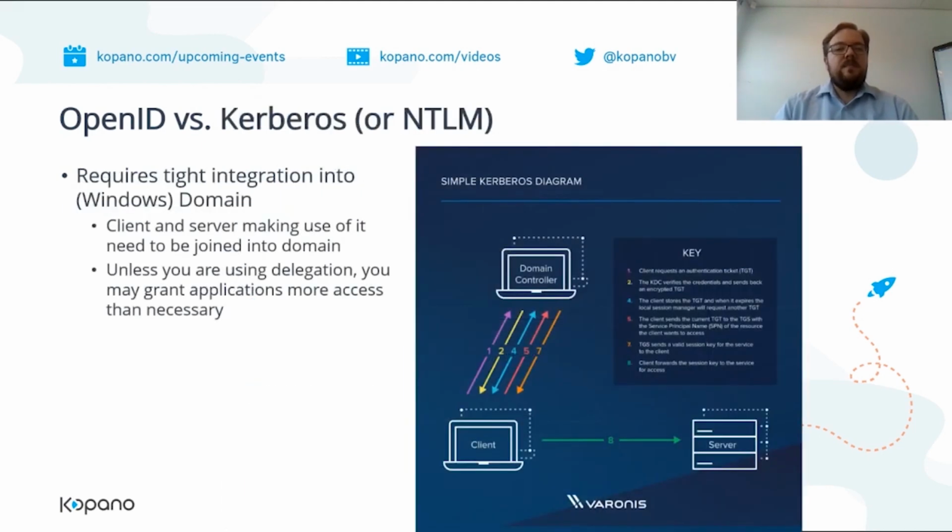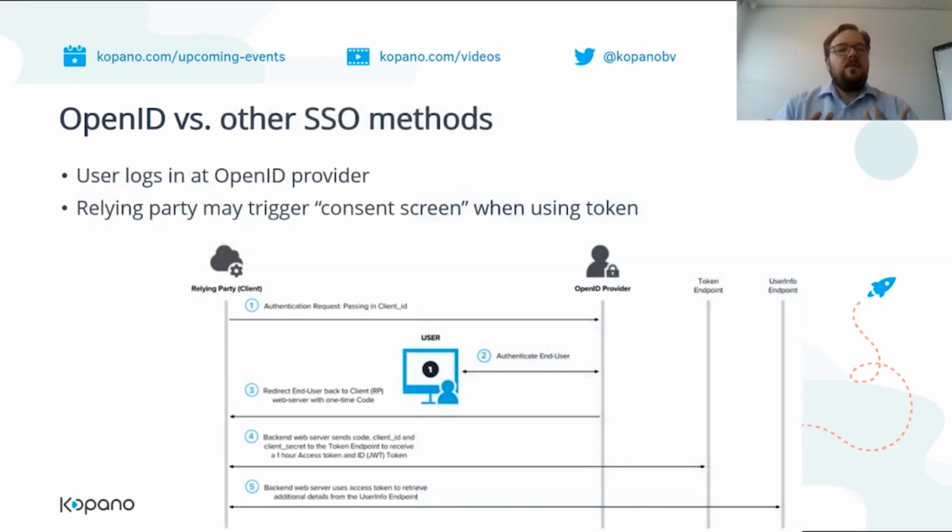And in the case of, for example, OpenID versus Kerberos, the setup is a lot more difficult. While in the world of OpenID Connect, you just have to make sure that the applications can talk to each other, and have SSL certificates in place so that they can communicate securely.